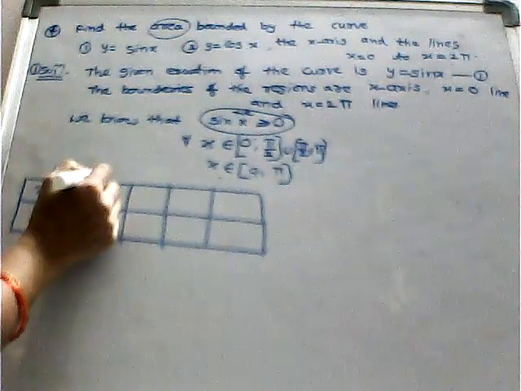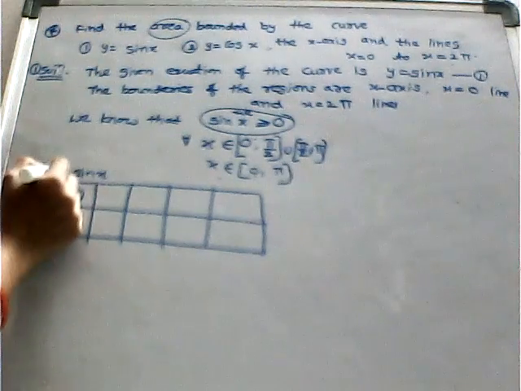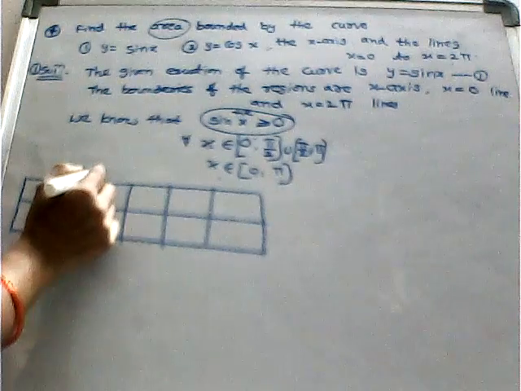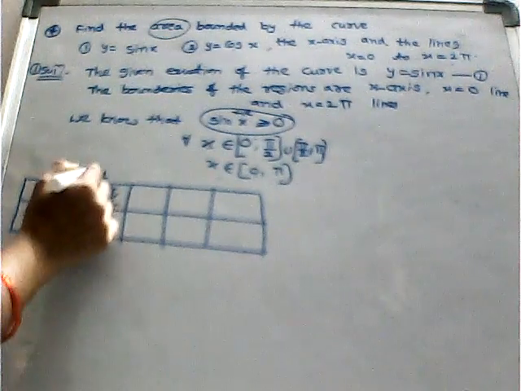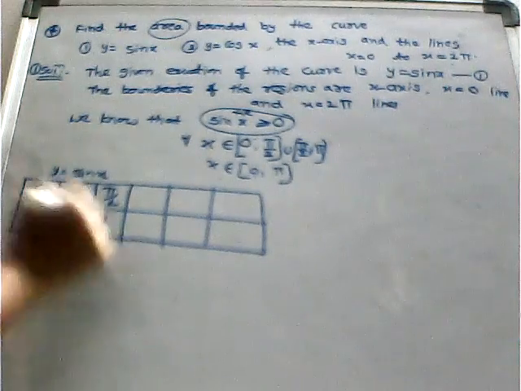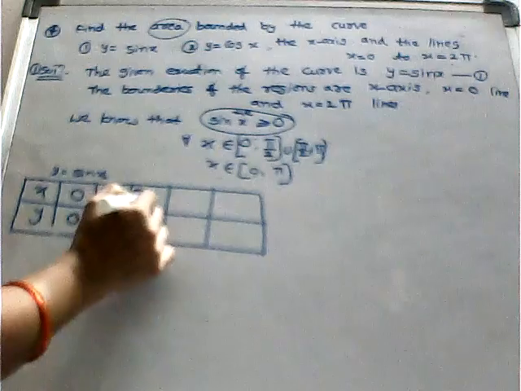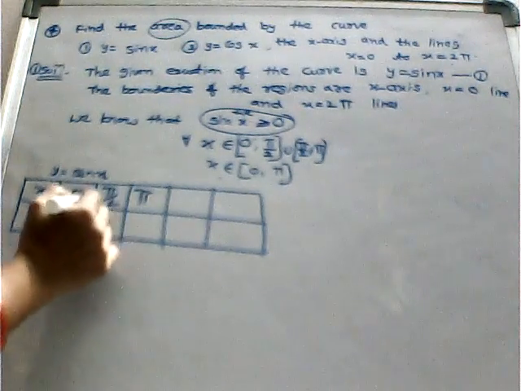When x is equal to 0 we get sin 0, and sin 0 is equal to 0. Then y is equal to 0. Next value pi by 2: sin pi by 2 value is equal to 1. Next point x is equal to pi: sin pi value is equal to 0.